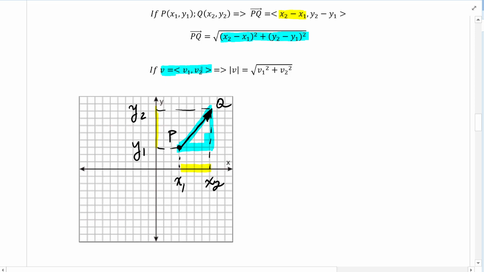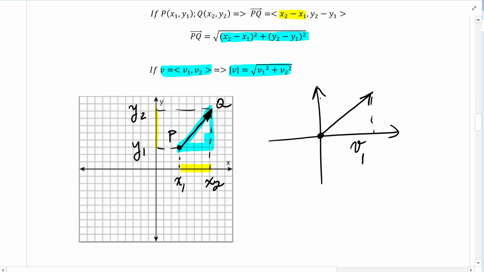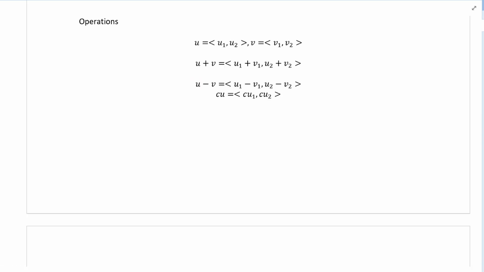But if the vector is written in the form v1, v2, and the vector starts from the origin, then to find the magnitude of v we just write v sub 1 squared plus v sub 2 squared.